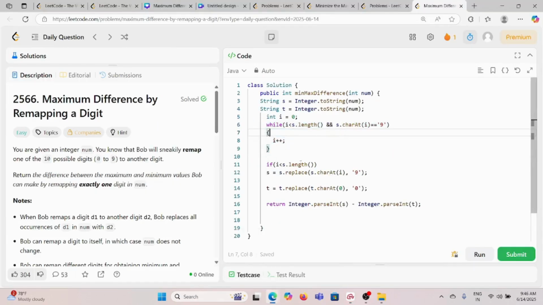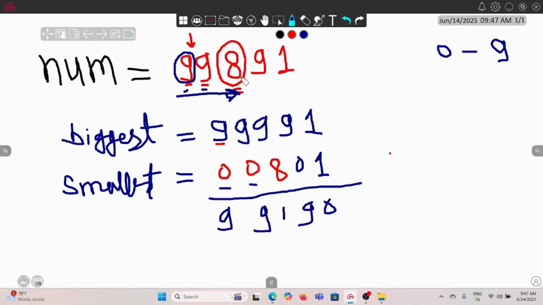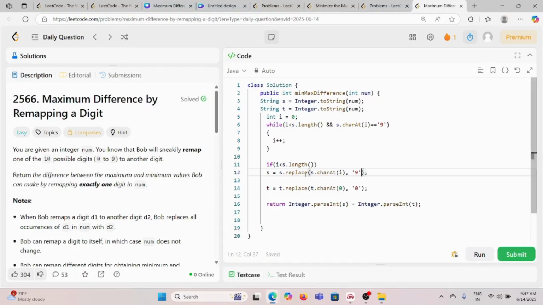And once we got that i, at i that character would be there, right? So we are replacing all its occurrences with 9. In the case where we got 8, we are replacing all its occurrences with 9. This replace function itself will do that. We don't have to do that separately. Okay, so we have now updated s with the value replaced with 9.